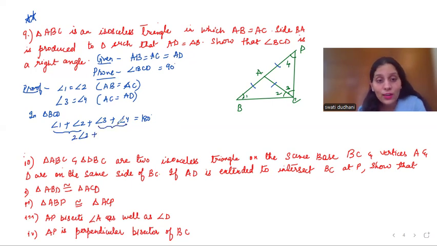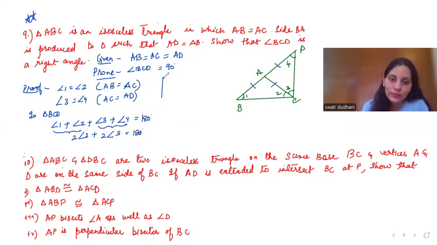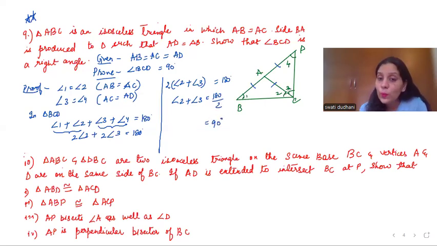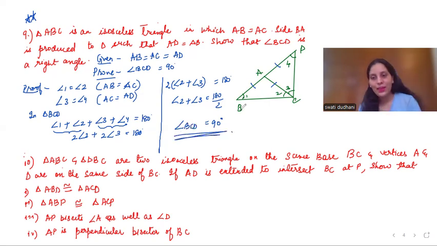Similarly, 3 and 4 are equal, so we get 2 angle 2 plus 2 angle 3 is equal to 180. From this, 2 can be taken out common: 2 times (angle 2 plus angle 3) is 180, or angle 2 plus angle 3 is 180 by 2, that is 90 degrees. What is angle 2 plus angle 3? It is angle BCD. Hence proved.